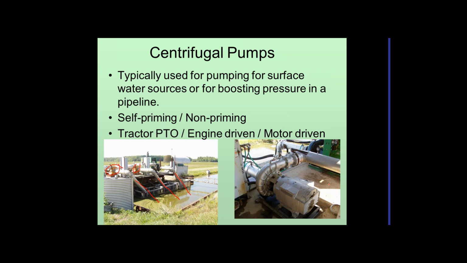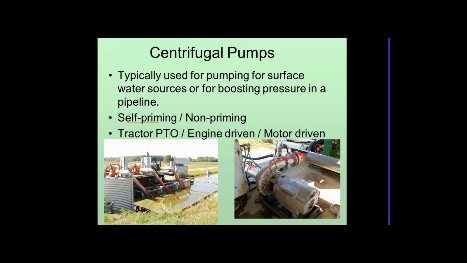On the right here shows a little better. This is the inlet here, and this is the outlet going out this way to whatever use. We've got a pressure gauge right here. They can be tractor driven, they can be engine driven, or in this case, motor driven.